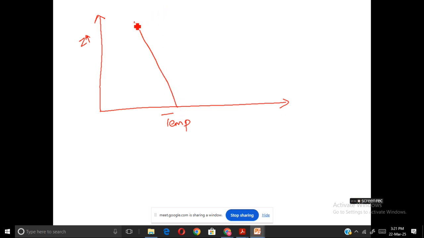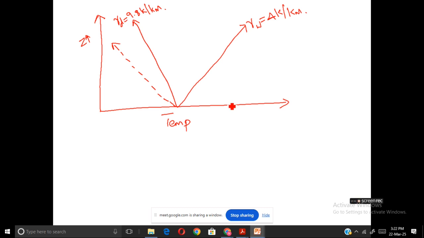Then we have gamma W, the saturated adiabatic lapse rate, which is 4 Kelvin per kilometer. Suppose the environmental lapse rate is somewhere here. The environmental lapse rate, with a value of 6.5 Kelvin per kilometer, is a variable quantity. It can vary depending upon the meteorological or atmospheric condition. It is not a constant.